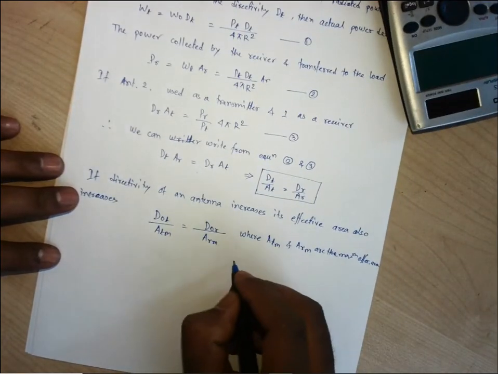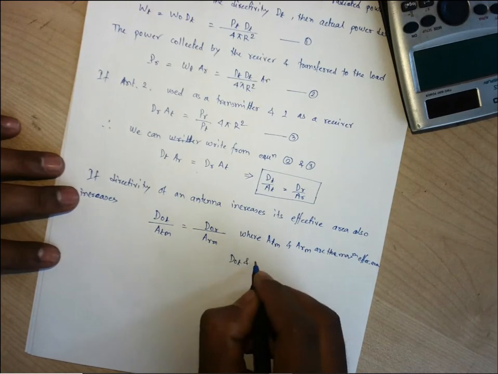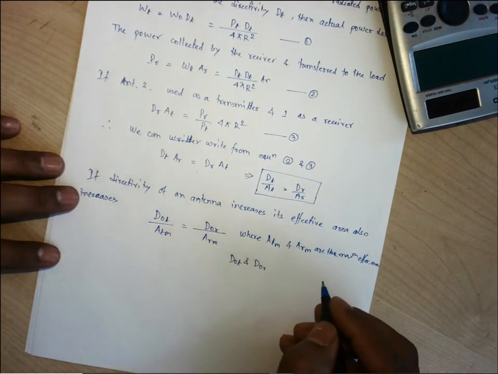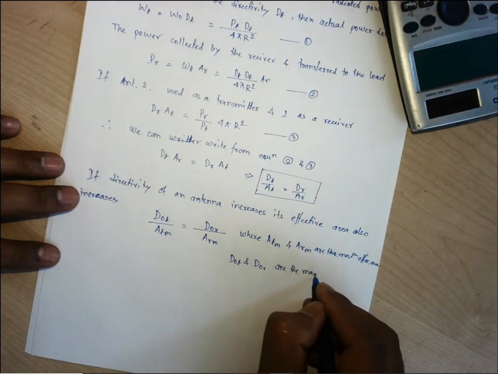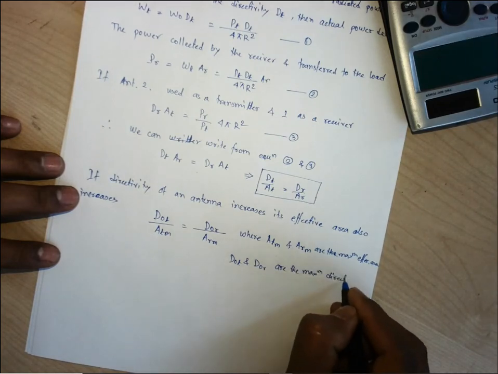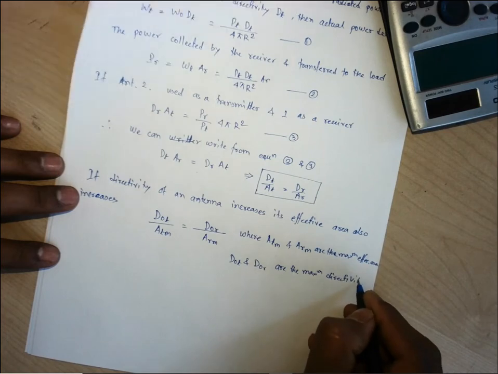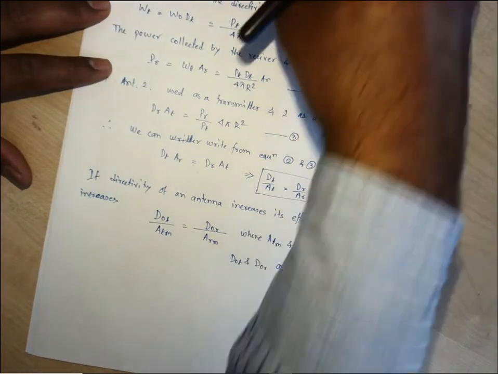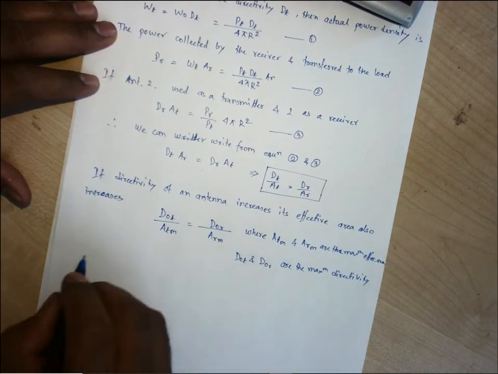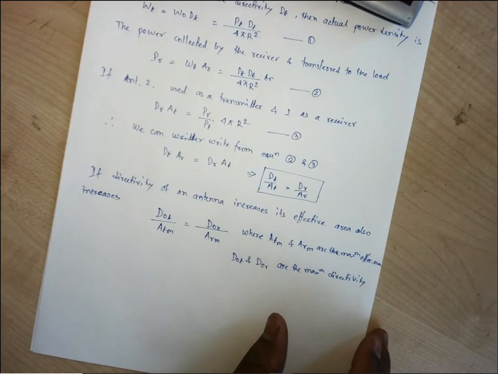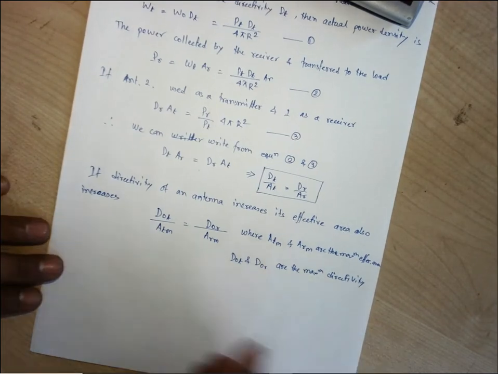And DOT and DOR are the maximum directivity. Now, if this antenna 1 is the isotropic one, let us take this case again.